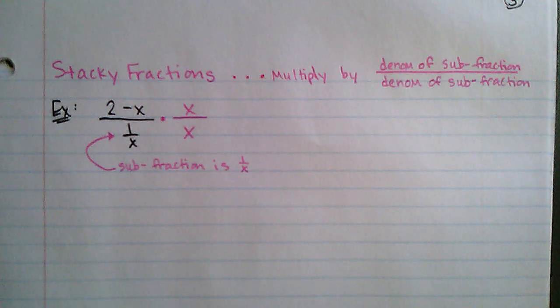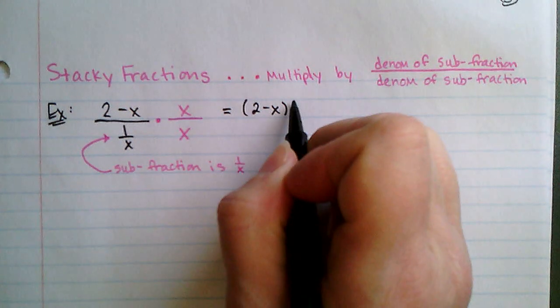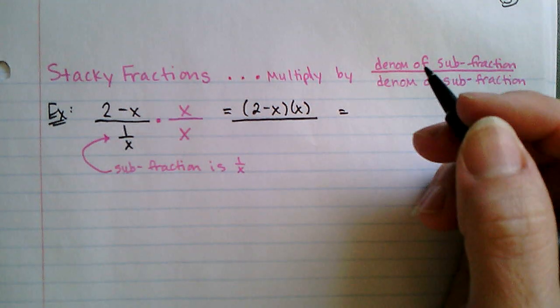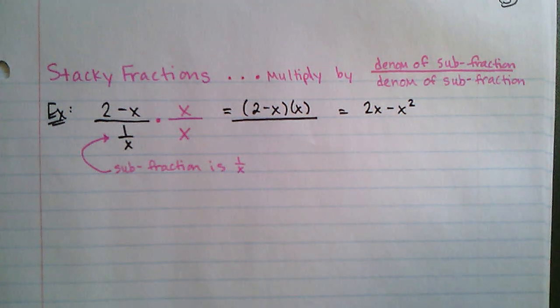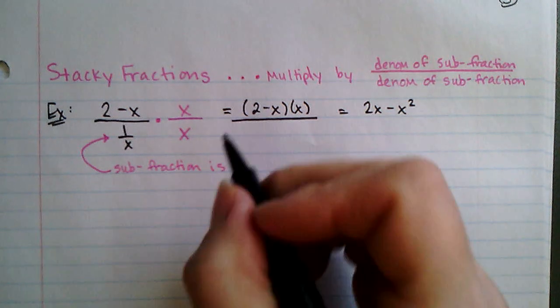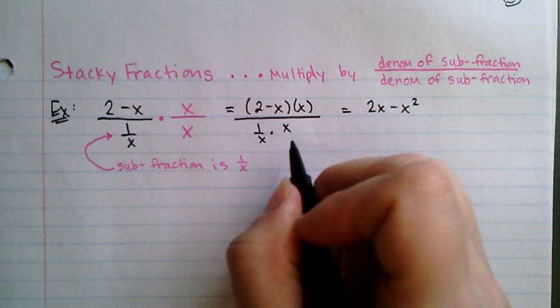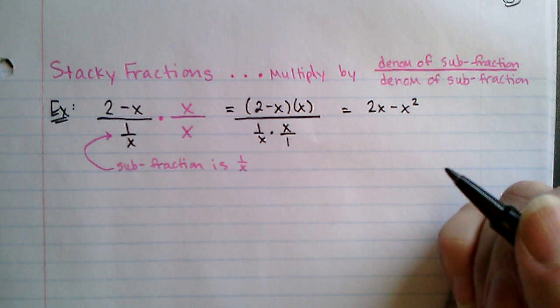So that is going to give me 2 minus x times x, which is 2x minus x squared. And in the denominator, I'm going to have 1 over x times x. Well, really, x is x over 1.